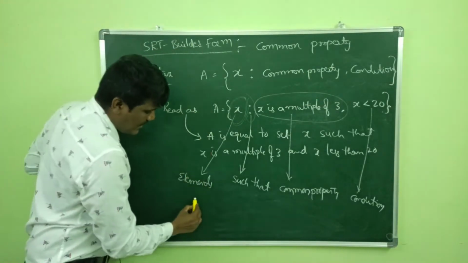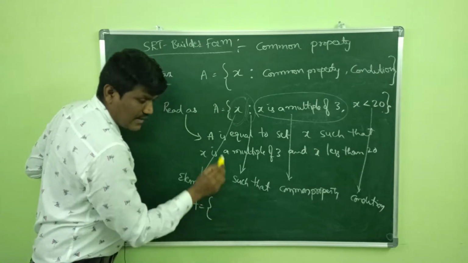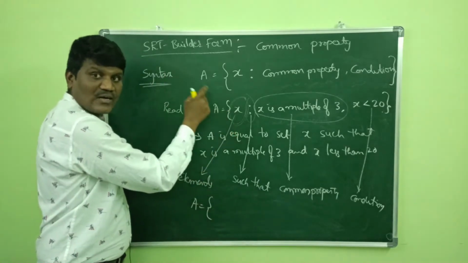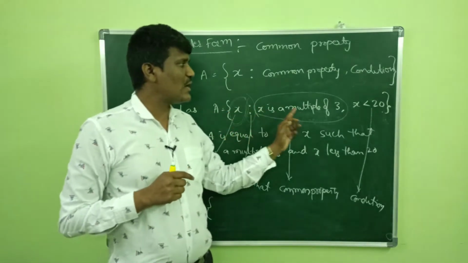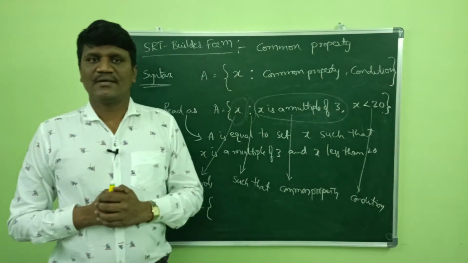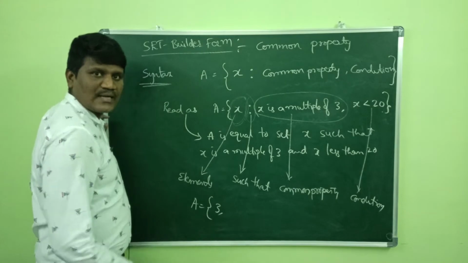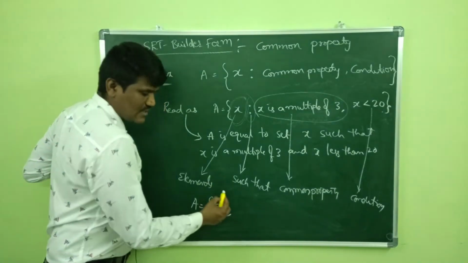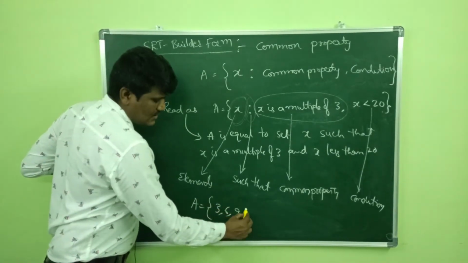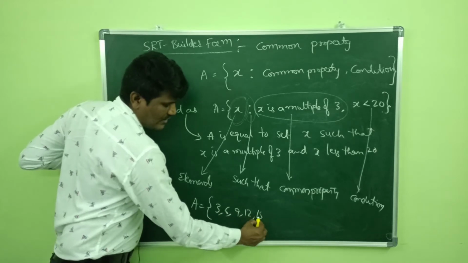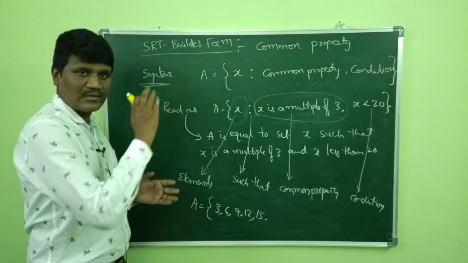Okay, so A is equal to x. So first I should write x. What x should I write? x is a multiple of 3, right? So multiples of 3 means 3, next one is 6, next one is 9, 12, 15, and so on.